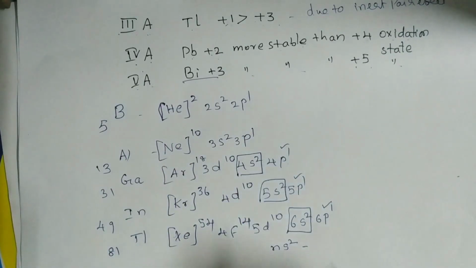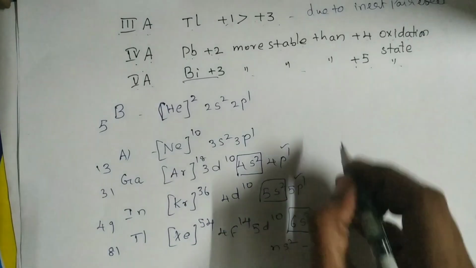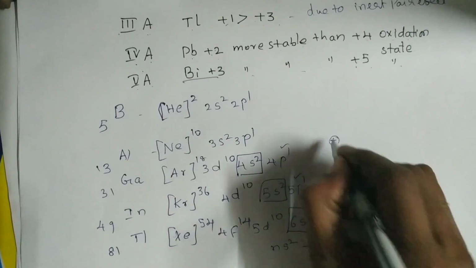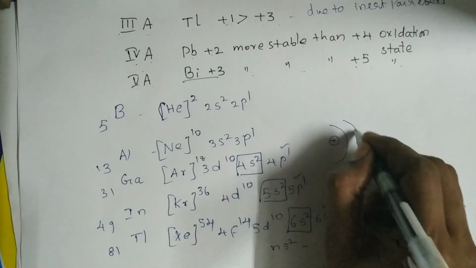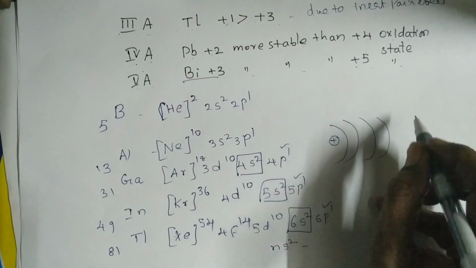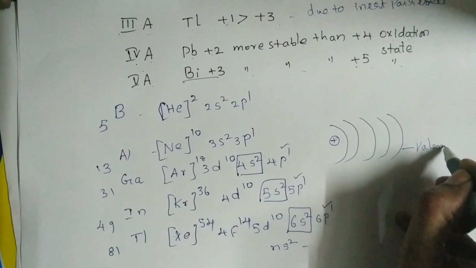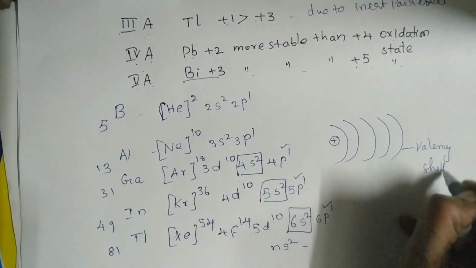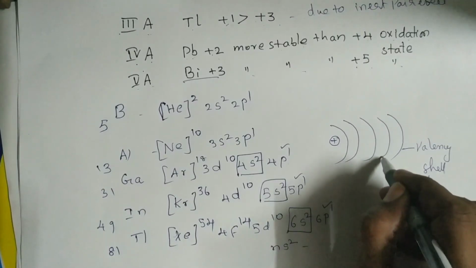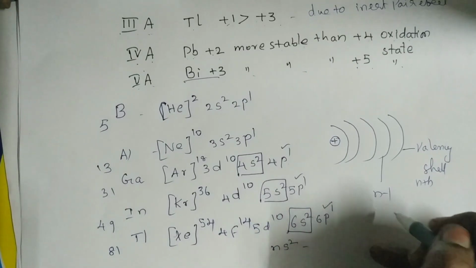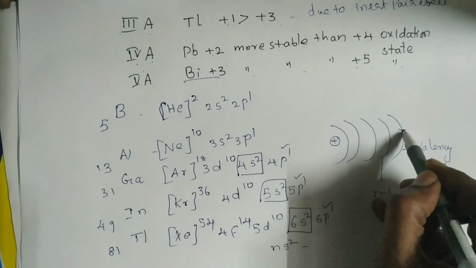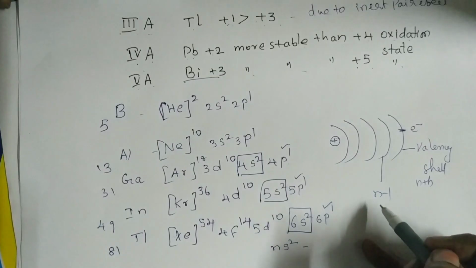Okay. And then see here, I'll show you. This is the number of protons, and first shell, second, third, fourth and fifth. So you consider this is a valency shell, the nth shell, and this is n-1. So what will happen here? Here the electron will be there, this is a valence electron, imagine.